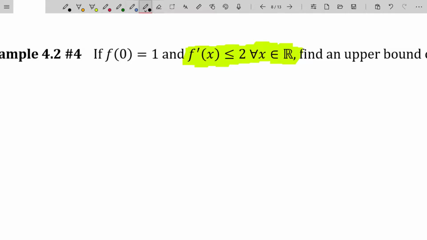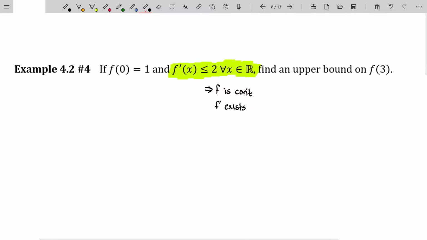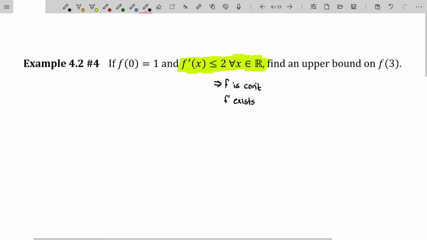So that tells us f is continuous, and f prime exists. That's just an important little statement that allows us to use the mean value theorem. We're being asked to find an upper bound on f of 3.